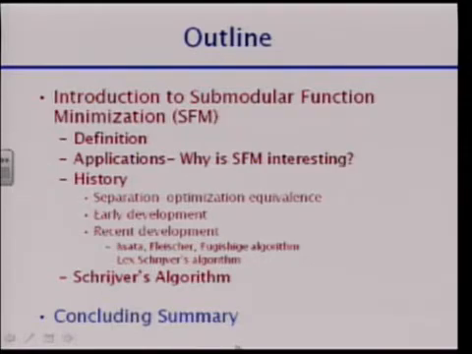However, it's still considered a difficult problem, even though some objective functions satisfying this so-called submodular property will behave very nicely, and still we need to take some issues into account. How can we construct an efficient algorithm in that regard? So this is just an introduction-level look at this so-called submodular function minimization problem.